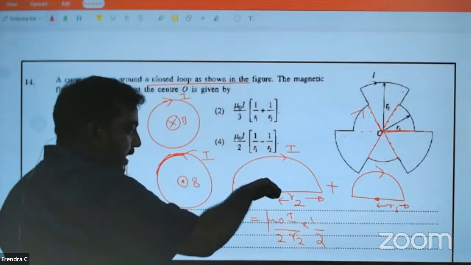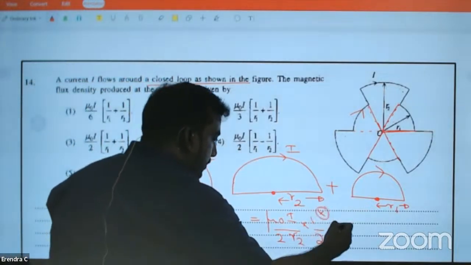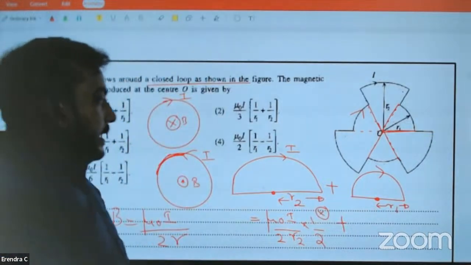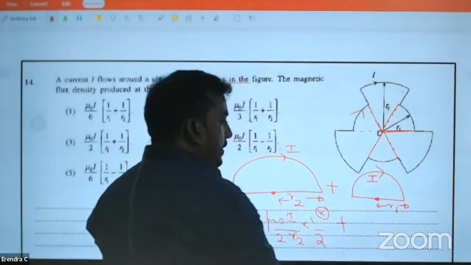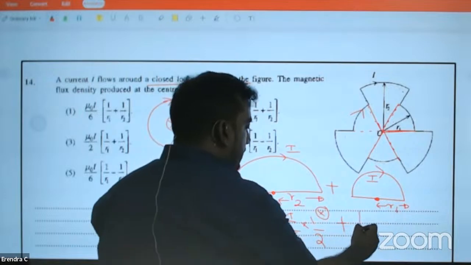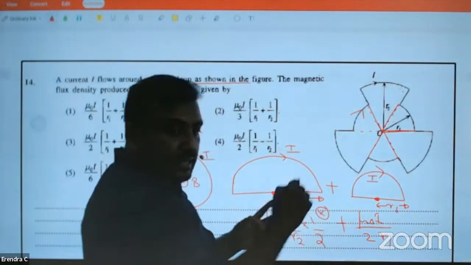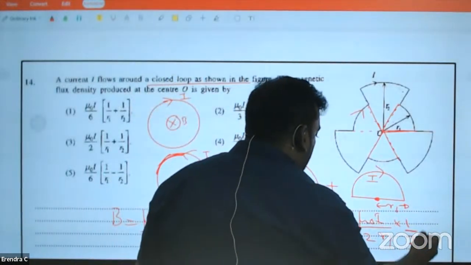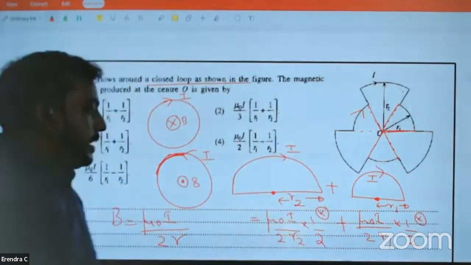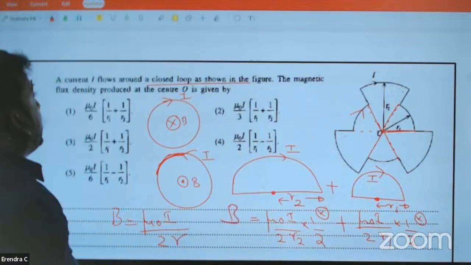Here clockwise current means field is inverse, plus. Here current is I, again field is inverse. Mu naught I divided by 2R1 is the full circle. Here you have half a circle, and that is also inverse. So what is your resultant magnetic field?